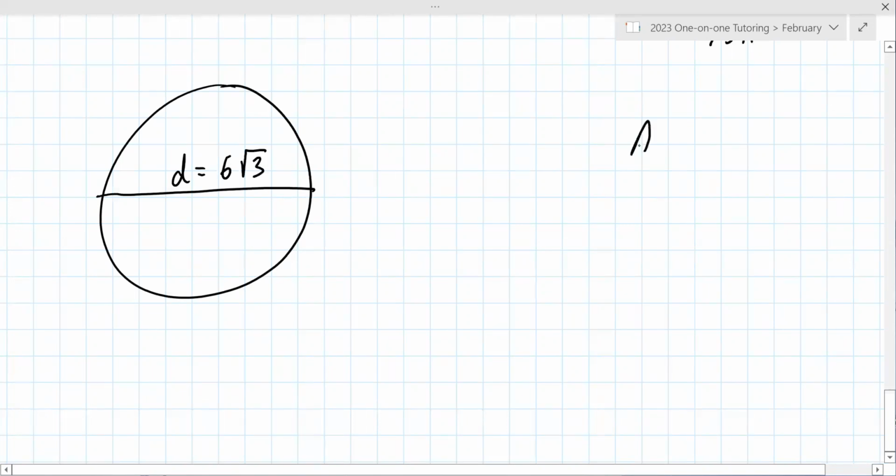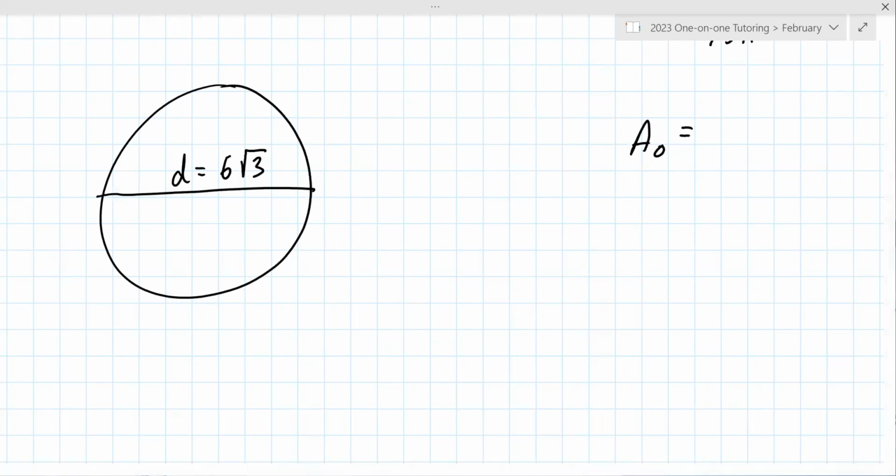I want you to find the area of the circle. Is it 3 pi? That was pretty fast. I feel like you may want to look at your work just one more time.